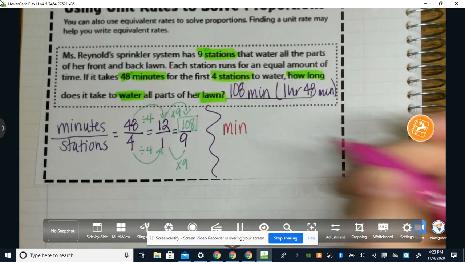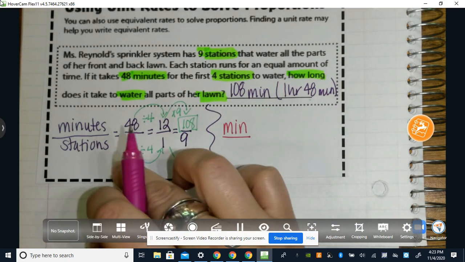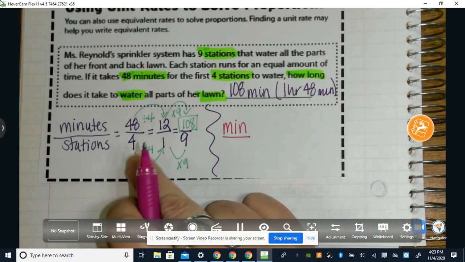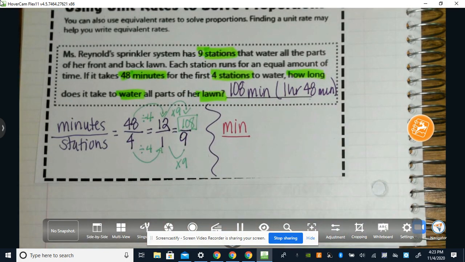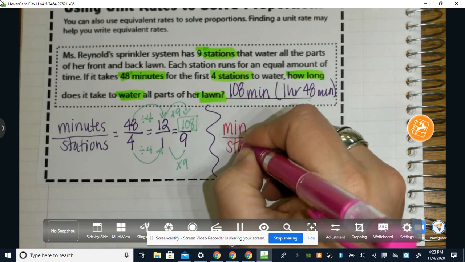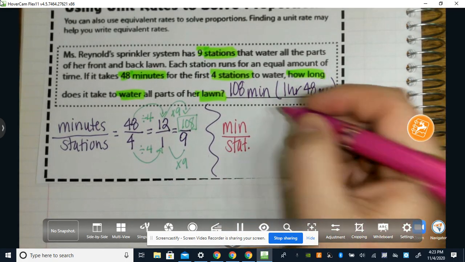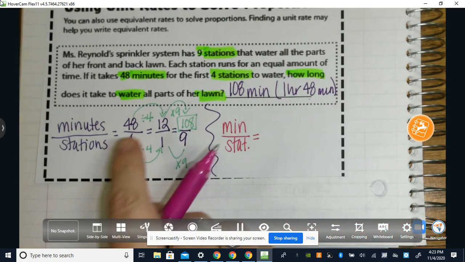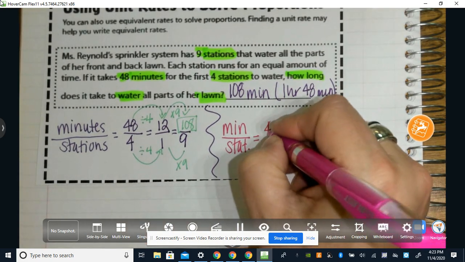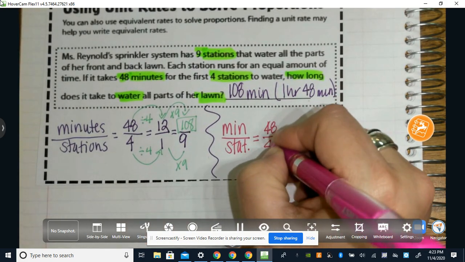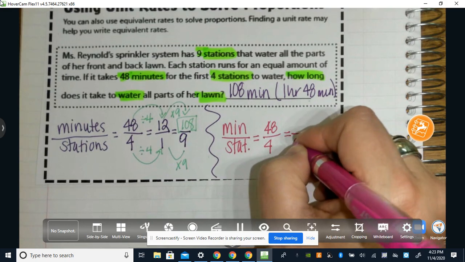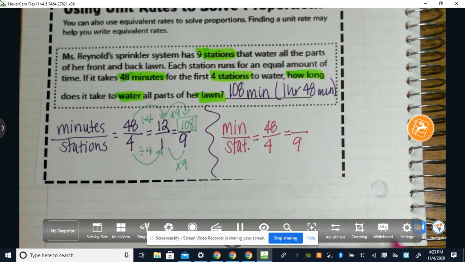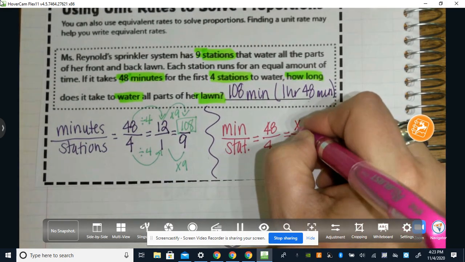However, what if you're like, I didn't see that I could divide 4 by 4 to get 1? So I'm going to cross multiply and divide. Again, I set it up with what I know. I have 48 minutes for 4 stations, and I need to find what 9 is going to be. I'm going to put an X right here, meaning I don't know.